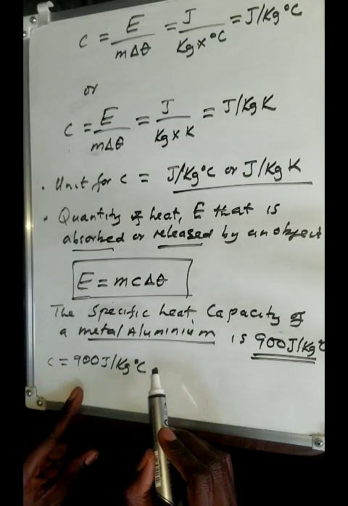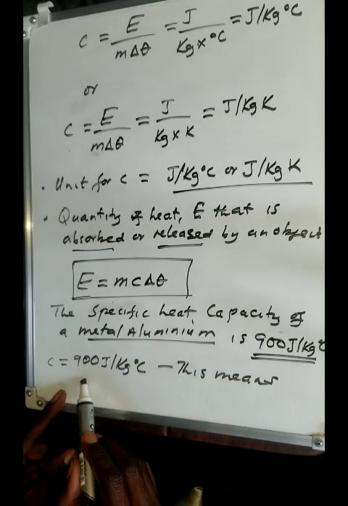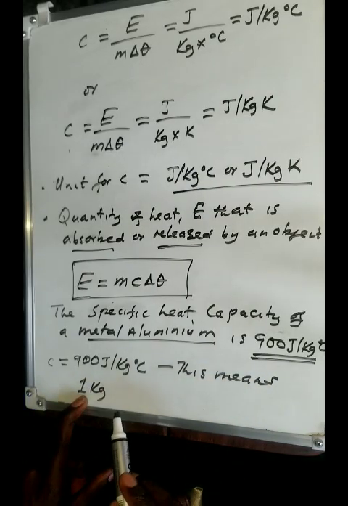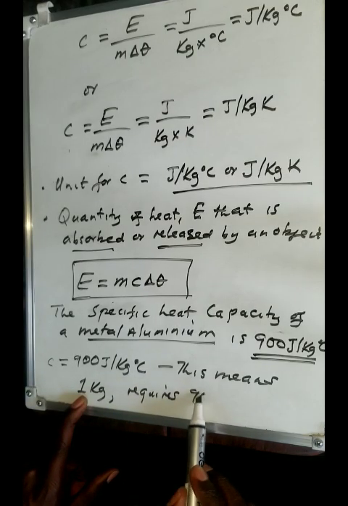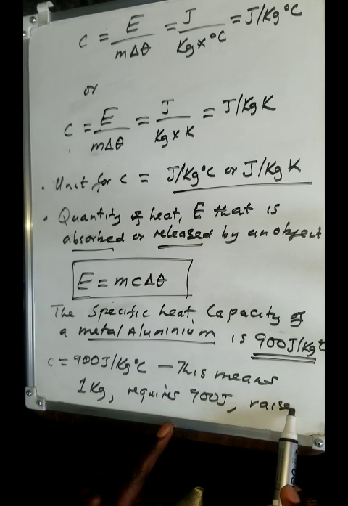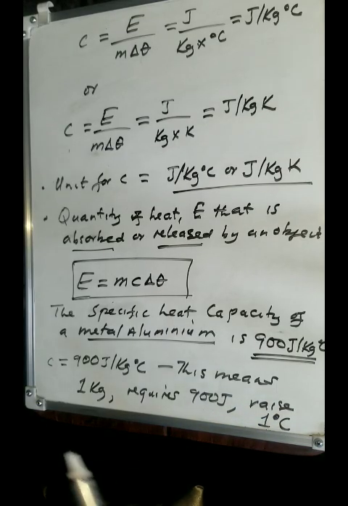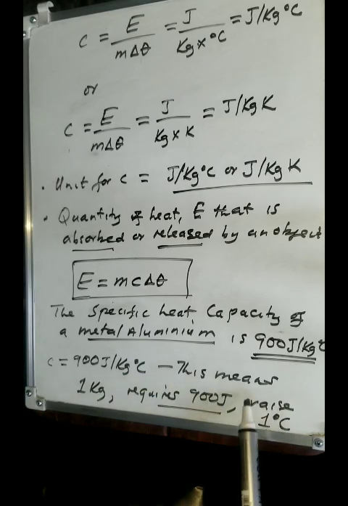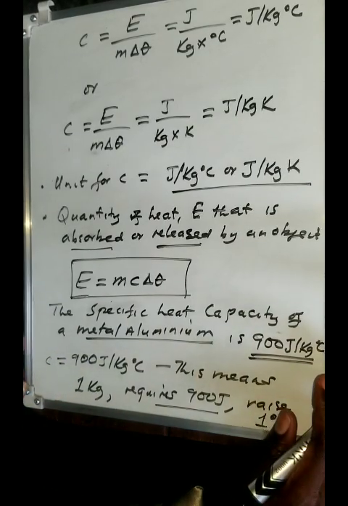Well, this simply means that 1 kg of aluminium requires 900 joules of energy in order for you to raise the temperature by 1 degree Celsius. That's what it simply means. It simply means that 1 kg of aluminium requires this amount of energy for you to raise the temperature by just 1 degree Celsius. That is what this value, the specific heat capacity, simply tells you.